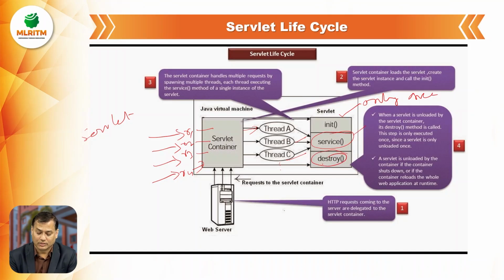And the destroy method is executed only once, because after the service is done, we need to destroy the servlet. So in the life cycle of the servlet, the init and destroy methods execute only once, whereas the service method executes as many times as there are requests coming to the servlet.